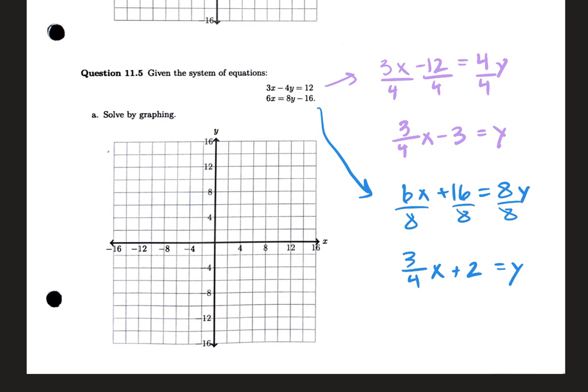So I'm going to graph each one of these. My first one starts at -3, which is in between the -2 and the -4. And I'm going to rise 3, run 4. So I'm going to rise 1, 2, 3, run 1, 2, 3, 4. And we've got our points here.